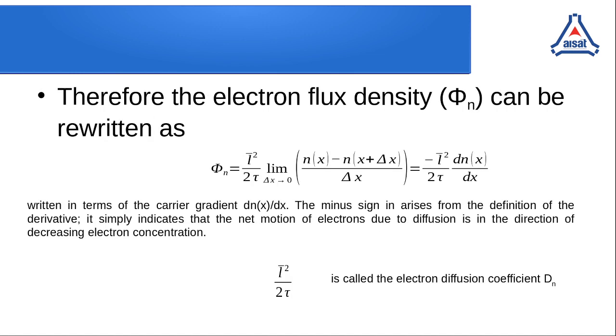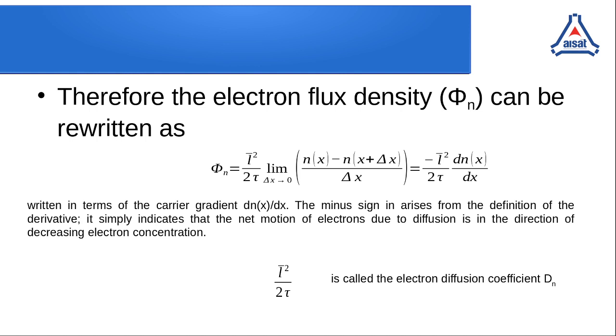So the electron flux density equation can be rewritten as L bar square by 2 tau, limit delta x tends to 0, n of x minus n of x plus delta x by delta x.